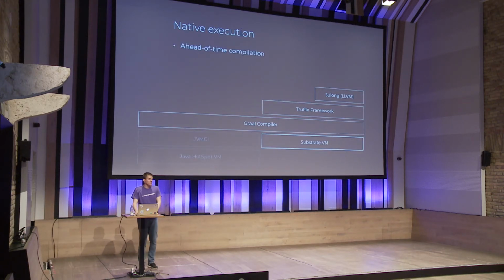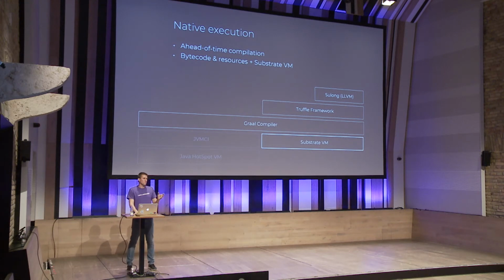And GraalVM comes with support for native execution, which means ahead of time compilation. It has a special purpose virtual machine called Substrate. What you can do with this technology is take your bytecode and all your other resources, bundle them together with Substrate, and create native executables.